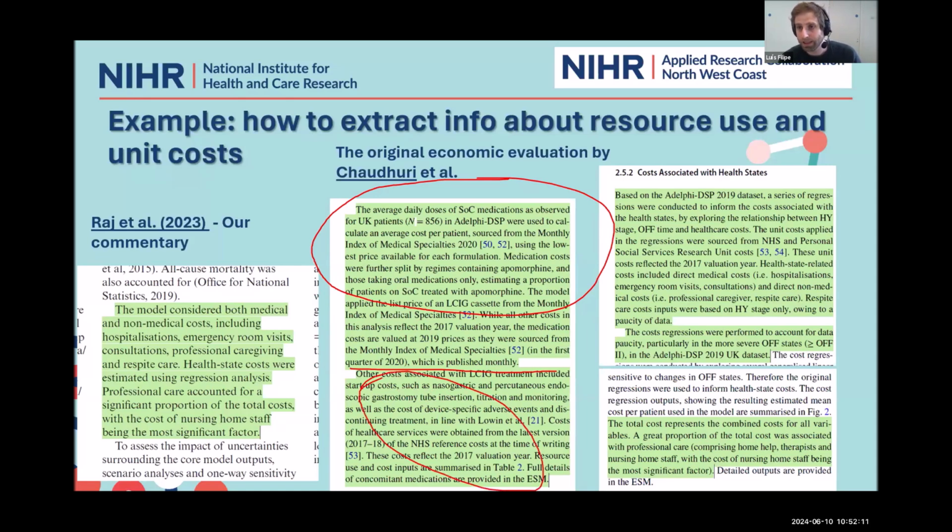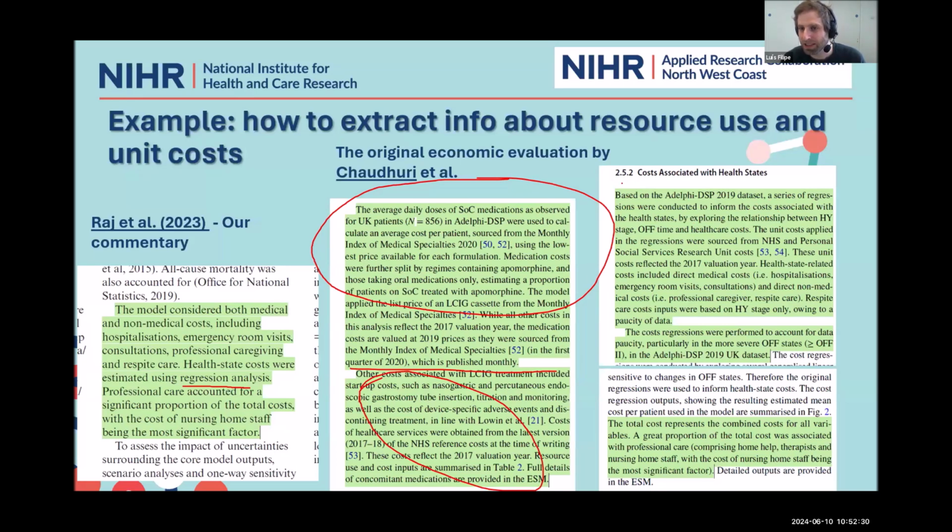Okay. Then here you are going to see that they are basically talking about this part of the regression analysis, which I'm not sure if you are familiar with, but if you are not, there's a video that we have in our series of simplifying health economics.